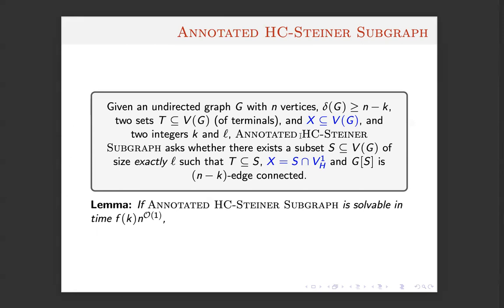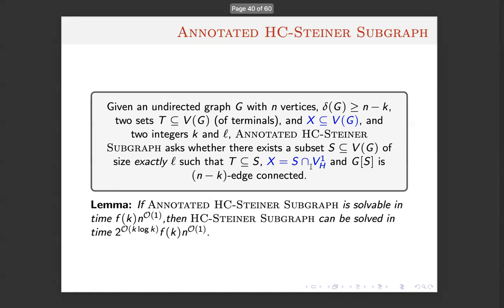Yes, because here we are guessing X, which is we're guessing the set of vertices from V1H which are part of the solution. And we know that the cardinality of V1H is some order k square. So k square choose some k.